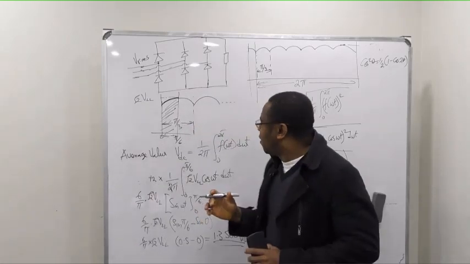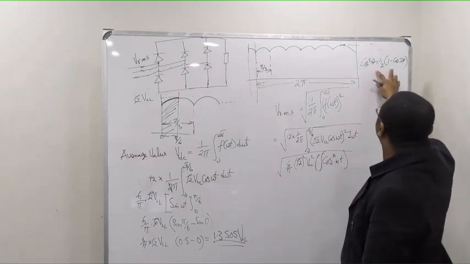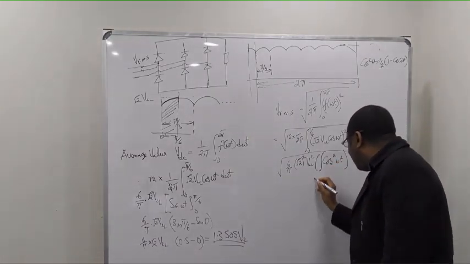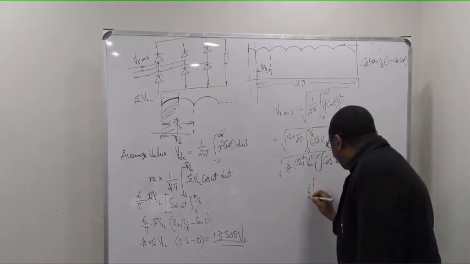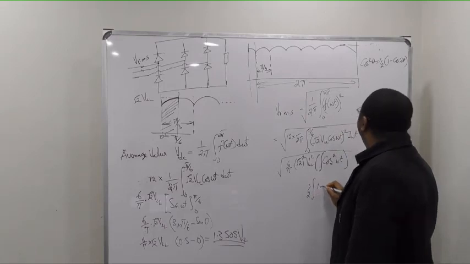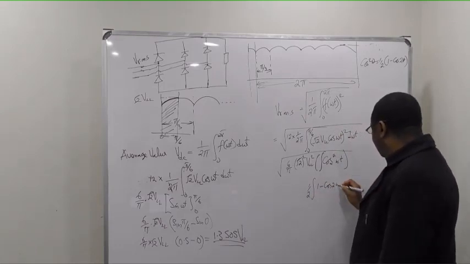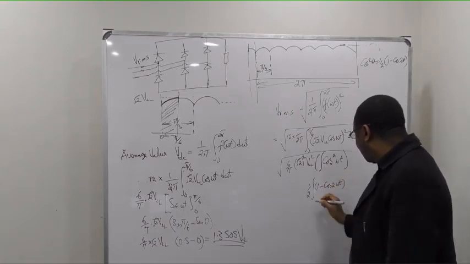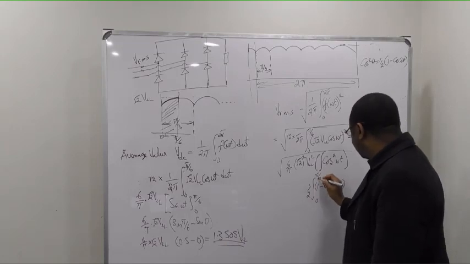All right, so we are going to substitute that in here. So we are going to put what we have there. So that here will be the integral of half into 1 minus cos 2 omega t, from 0 to pi over 6.